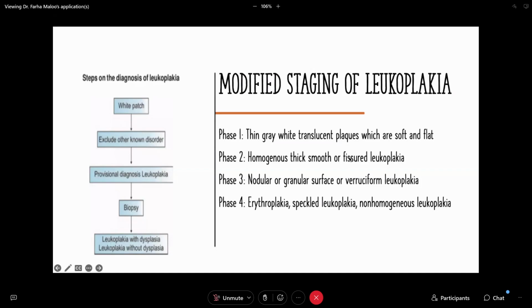In phase 3, the surface of the leukoplakia will appear nodular or granular or a verruciform surface. In phase 4, we can see erythroplakia or reddish discoloration and speckled leukoplakia or non-homogeneous type of leukoplakia.